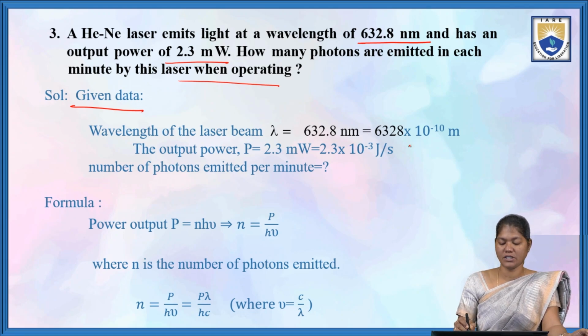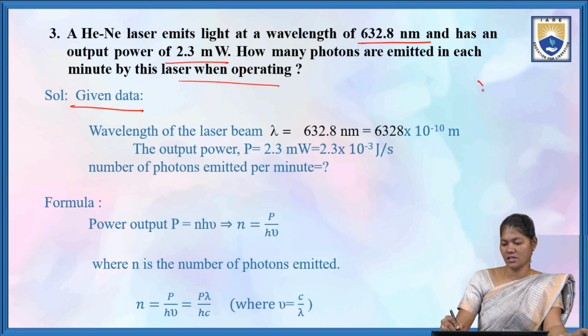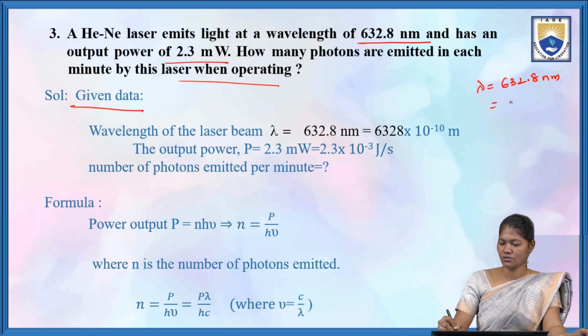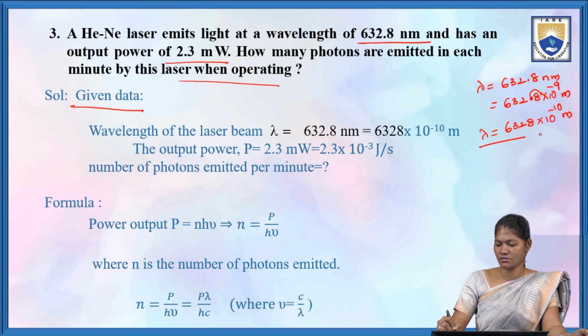When converted into meters, lambda is equal to 632.8 into 10 power minus 9 meters, which is 6328 into 10 power minus 10 meters. So this is the lambda given.